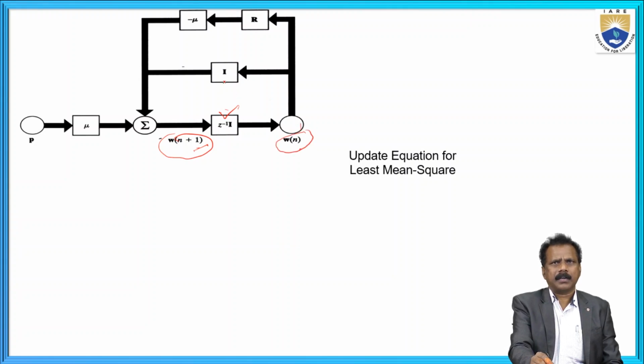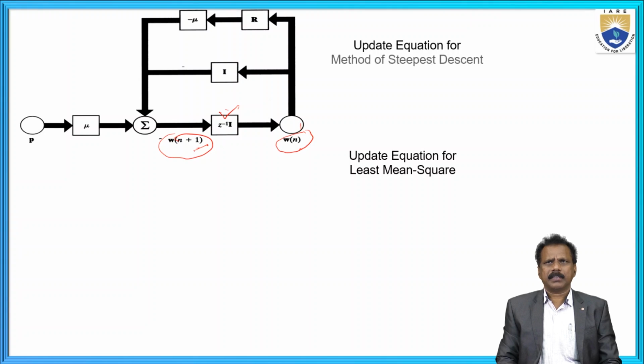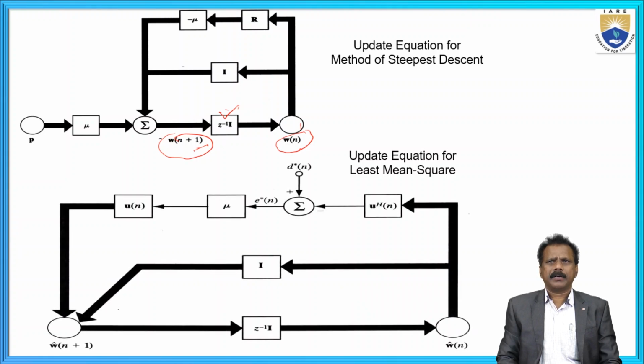Again here it is like this, the update equation for least mean square. So with this update equation using these blocks, the method of the steepest descent, we have the updated equation for the least mean square.